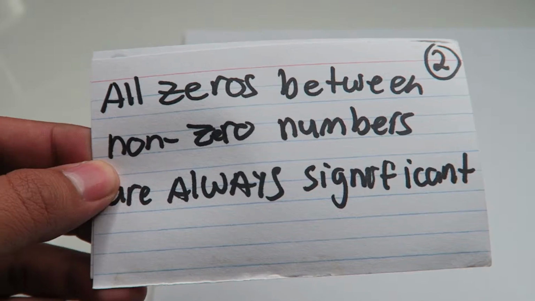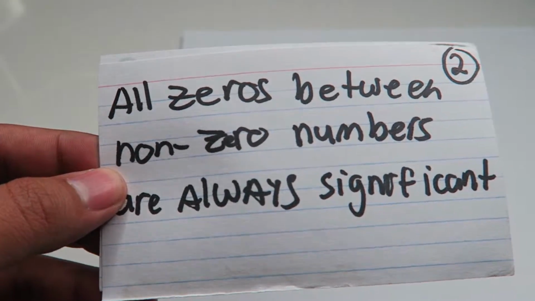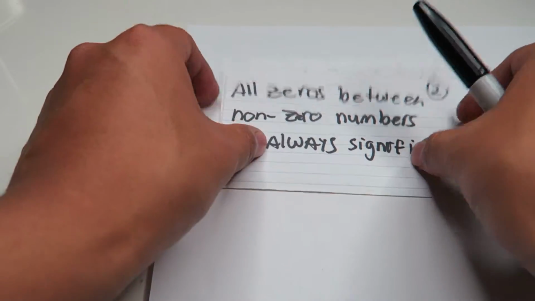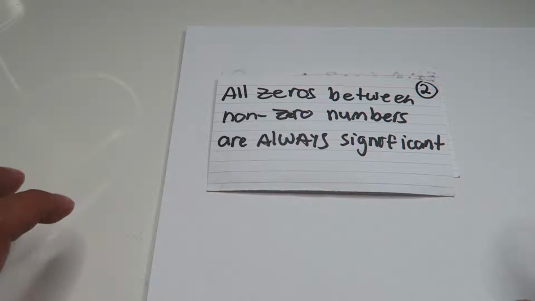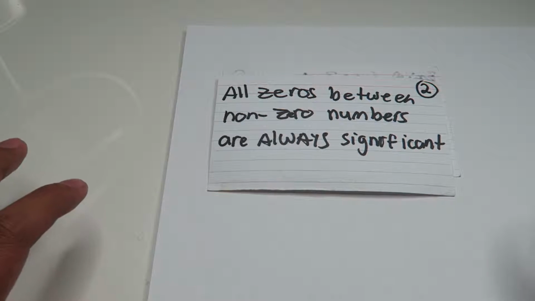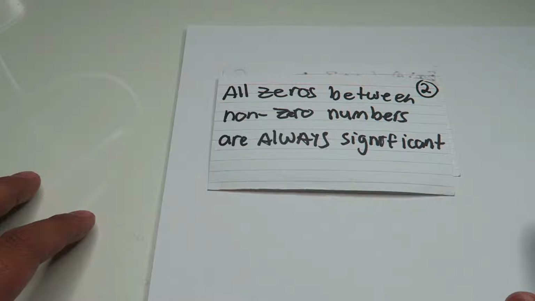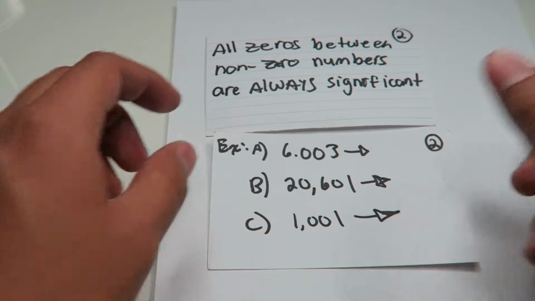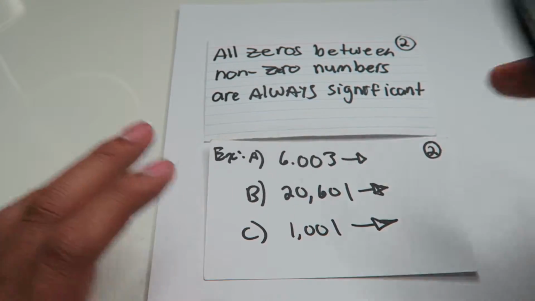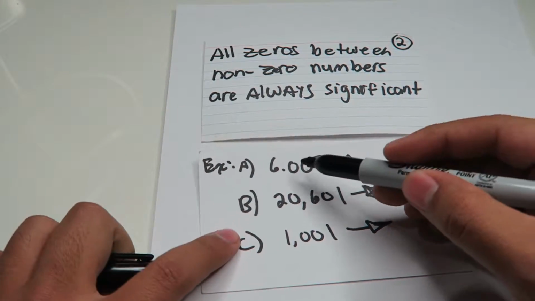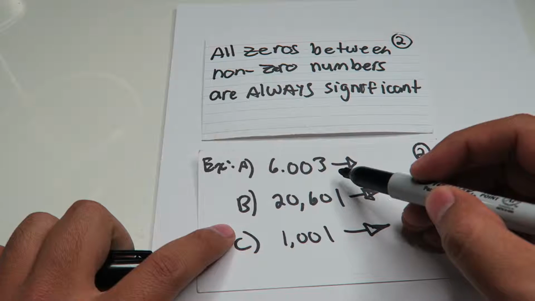All zeros between non-zero numbers are always significant. So any zero that is between numbers that are significant is always going to be significant. In this example, example A, we have 6.003.